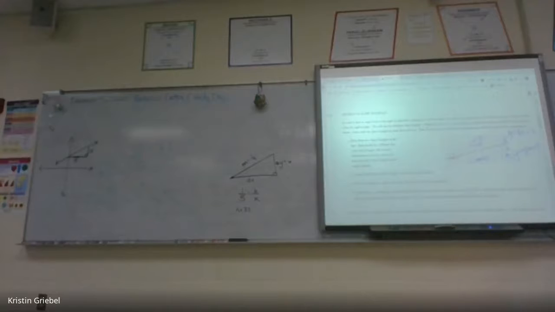Immediately I can tell you that if you graph these lines, they are parallel, because they have the same slope. So if a question tells you the slope of one line and says they're parallel, you know the slope of the other. Parallel lines always have the same slope.